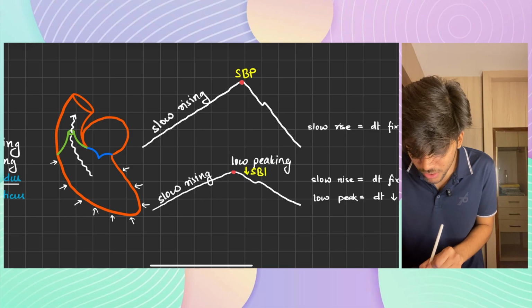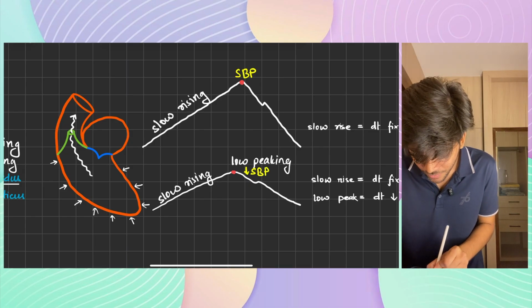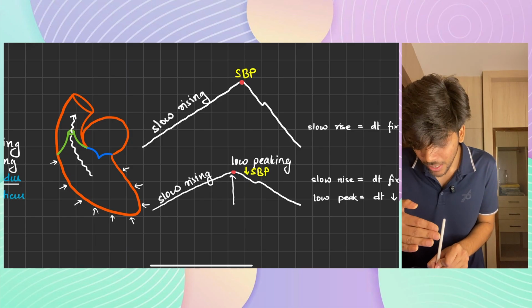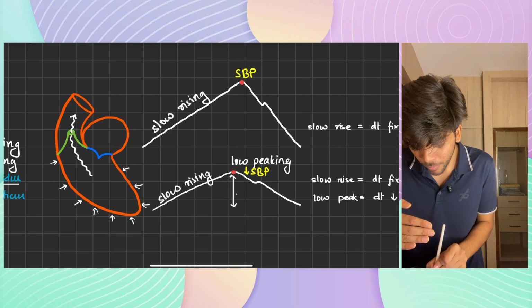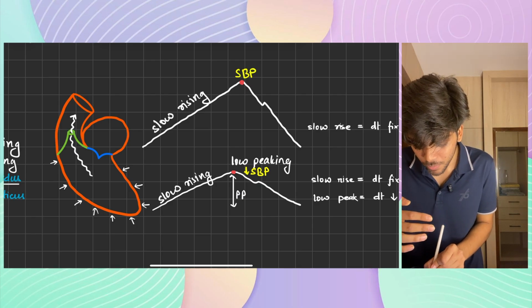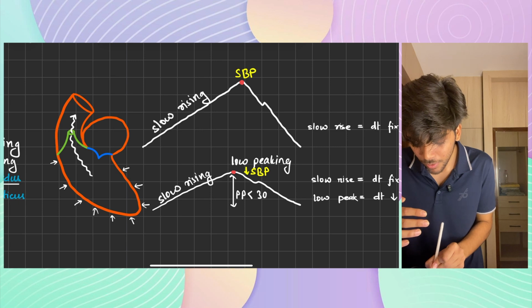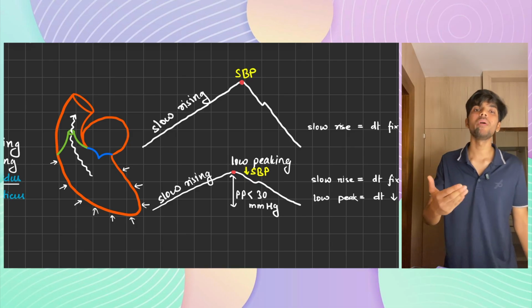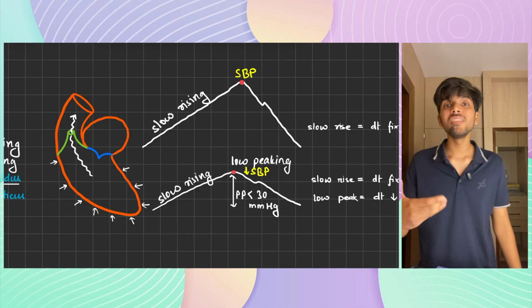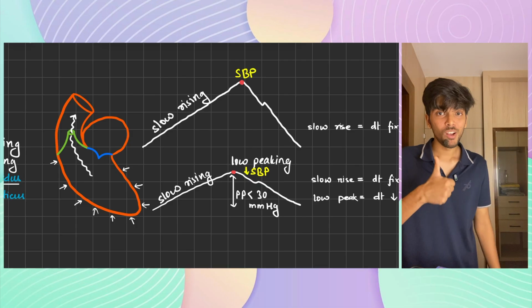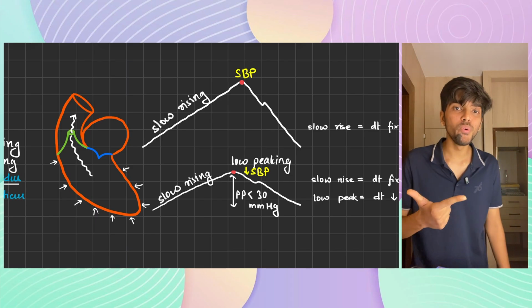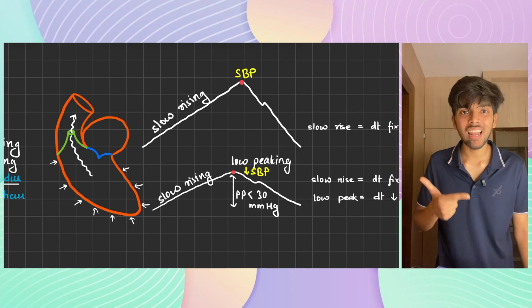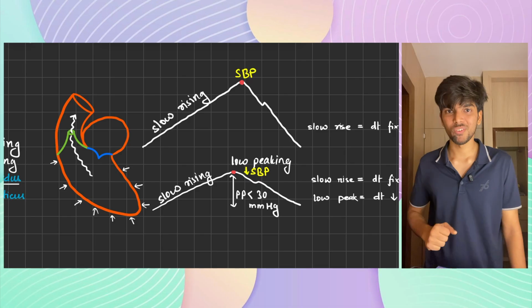Since you have a low systolic blood pressure, the difference between systolic blood pressure and the baseline representing the diastolic blood pressure is low. That is, the pulse pressure is low, less than 30 mmHg, which is referred to as low volume pulse. And that is why I asked you to remember low volume pulses to be seen in number 1, low output states, and number 2, stenotic valvular lesions like aortic stenosis and mitral stenosis.